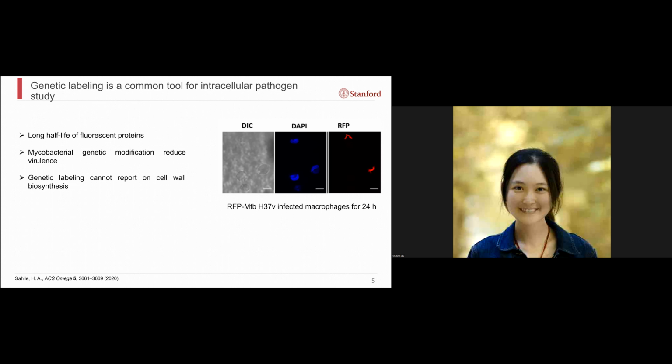Also, the genetic modification could reduce the virulence of these bacteria, thus limiting our study of their innate behavior. In addition, genetic labeling cannot report on cell wall biosynthesis, which is very important to design new antibiotics to fight the disease.